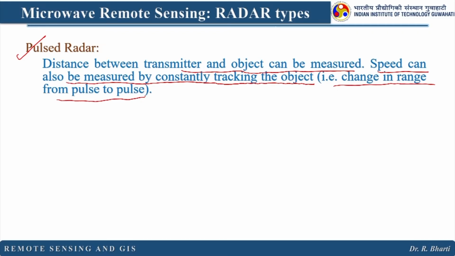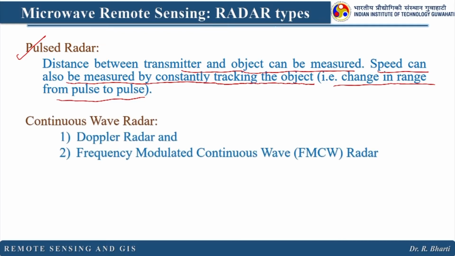When you are tracking your transmitter location and the object location, you can track the speed of the object. So, if you have a pulse radar installed somewhere and you are looking at maybe a moving car, you can easily track it, but here we have another type of radar which is actually more suitable for that application.